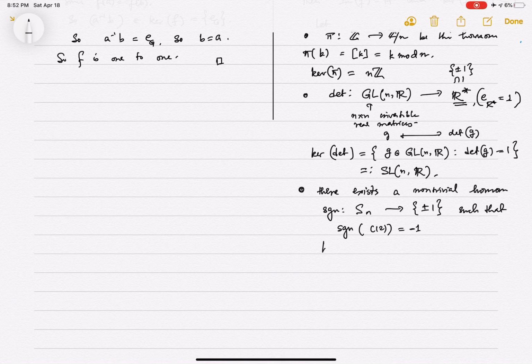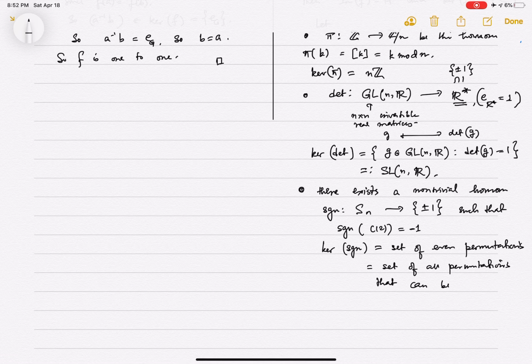And the kernel of this homomorphism is what is called the set of even permutations. These are the set of all permutations that can be written as a product of an even number of flips.